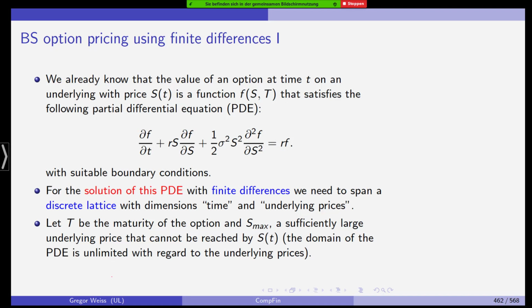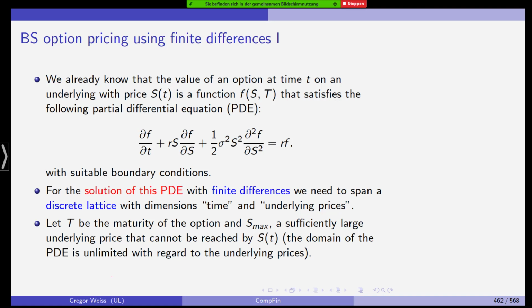And we need suitable boundary conditions to solve this PDE. Now, a very, very simple idea to solve this. Think about this for a minute, and then I'll give you the solution. Have a look at this equation.